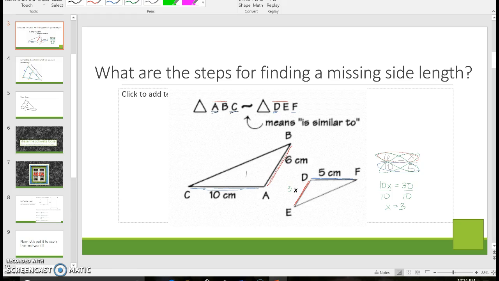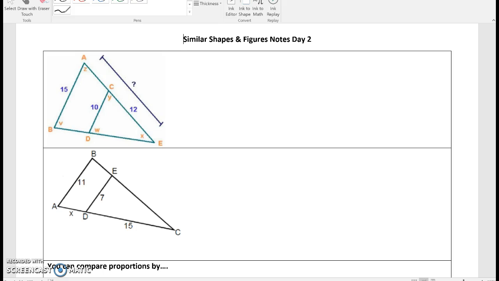Perfect. So now we're going to bump it up a notch, and we have a triangle within a triangle. And it honestly gets a little bit confusing, so we are going to take the triangles apart by drawing them separately. So this one here, yes, my angle up here is funny, but whatever.